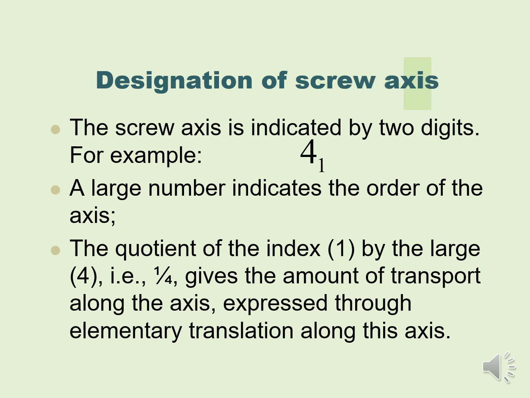For example, 4_1. The large number indicates the order of the axis, and the index, in this case 1, divided by the large number, in this case 4, in other words, 1 over 4, gives the amount of transfer along the axis expressed through elementary translation along this axis.